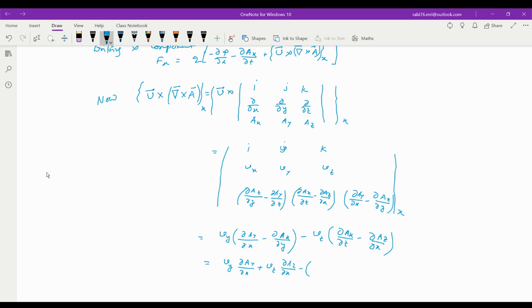So it will be Vy del Ax del Y plus Vz del Ax del Z. Now, since this side is positive and this side is negative, I add an additional term Vx del Ax del X. Actually, this is subtraction, so you add here Vx del Ax del X, plus, right?